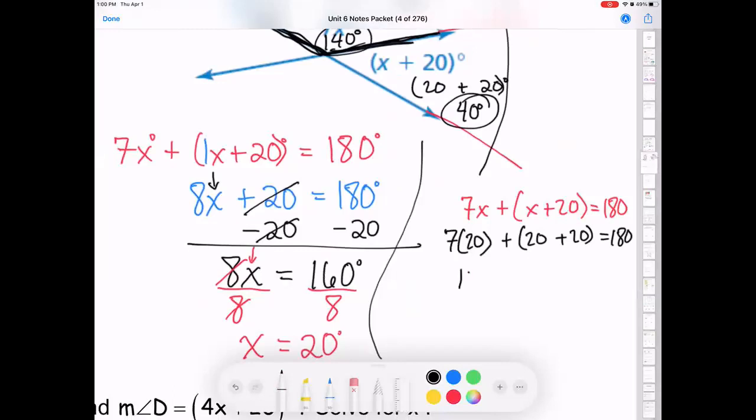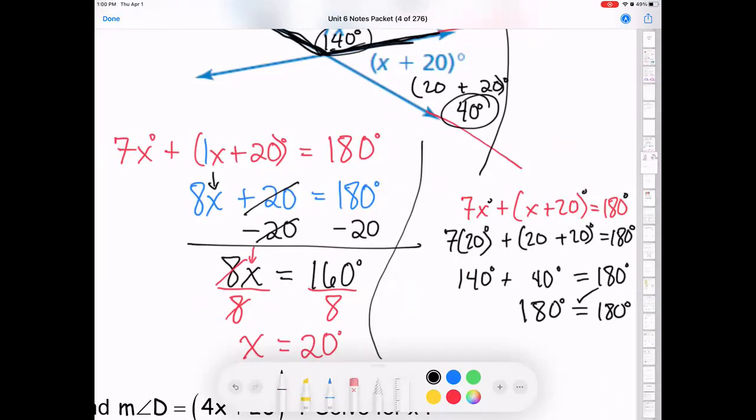The 7 times 20 was 140. And then the 20 plus the 20 we found a moment ago was the 40. And when we bring these together, we do in fact end up with 180 degrees. So yes, this checks out.